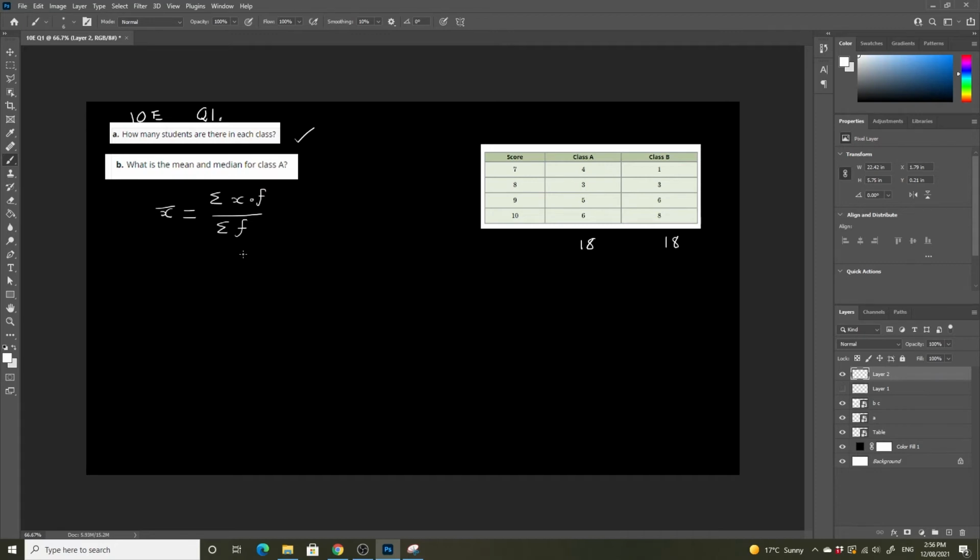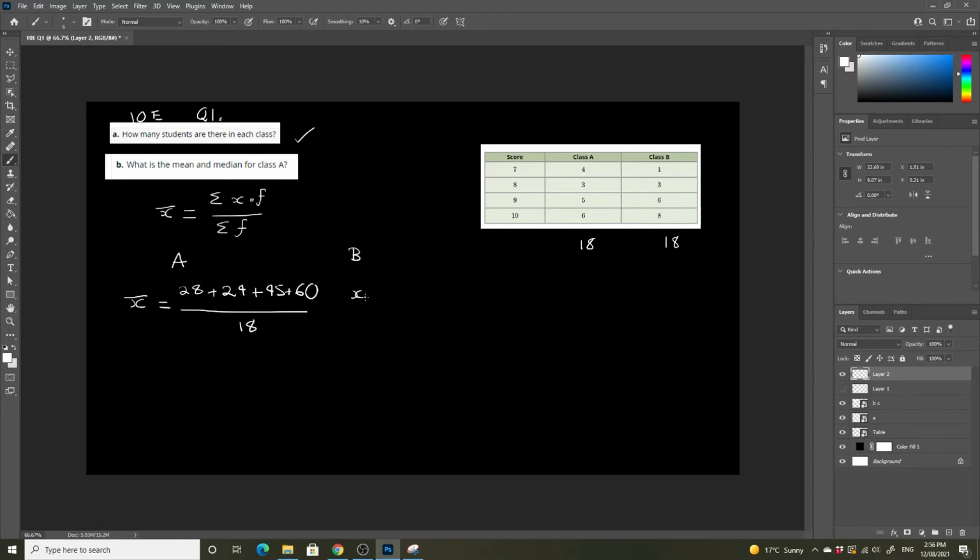So our first one for class A, and then we'll do class B, is going to be equal to 7 times 4, which is 28, plus 24, plus 45, plus 60 over 18.